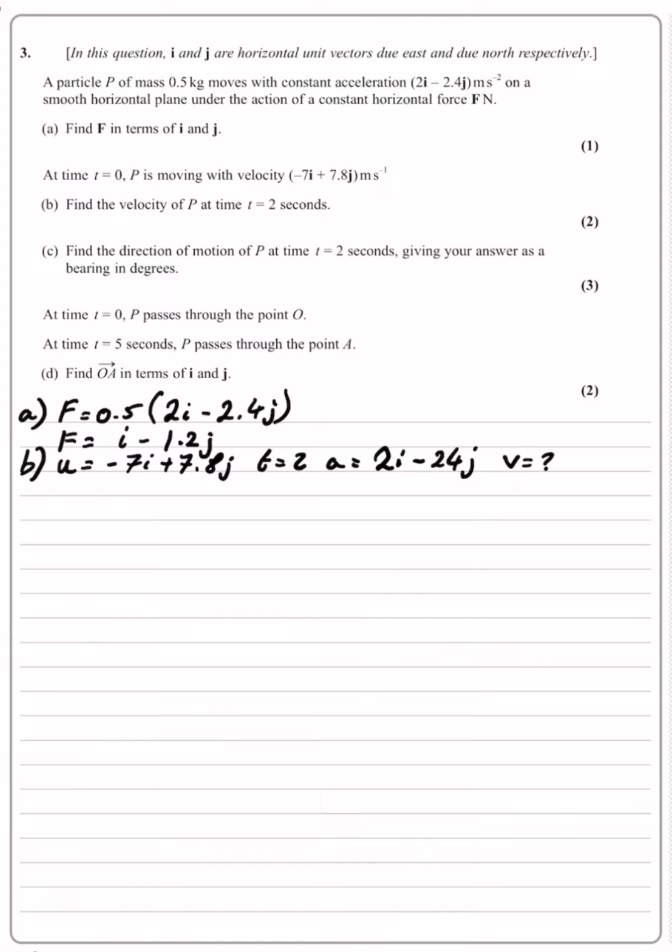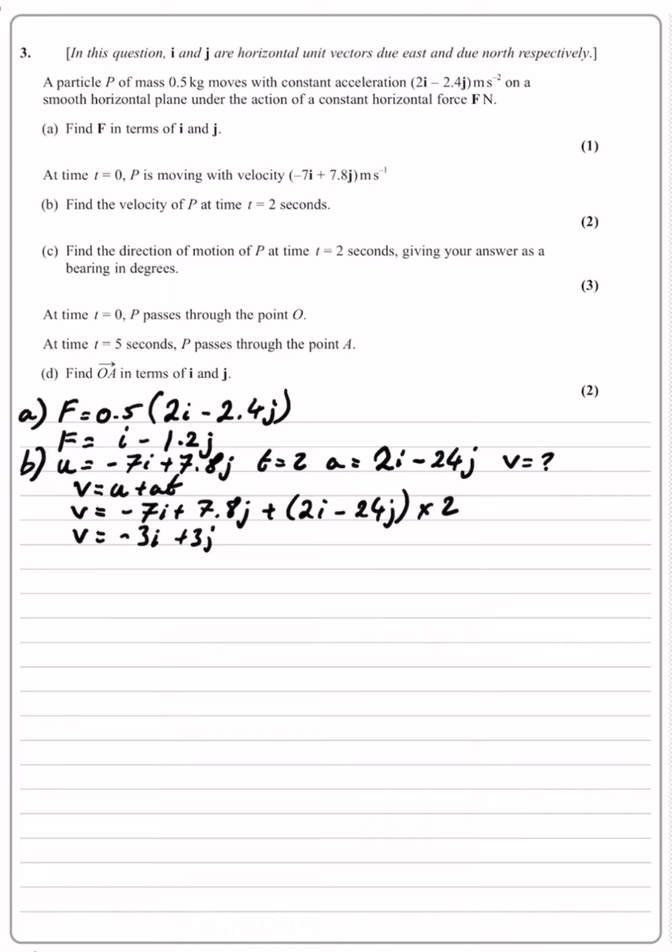So we're going to use v equals u plus at in 2 dimensions, so v is going to be equal to negative 7i plus 7.8j plus 2i minus 2.4j lots of 2. Expanding that out and simplifying it, we get that v is equal to negative 3i plus 3j.